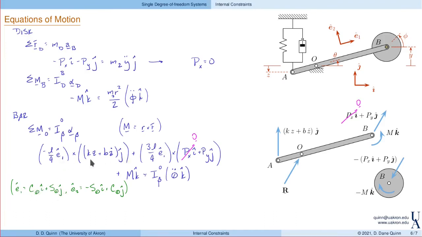The j term drops out because I have j cross j. Now, this is assumed to be small because we're linearizing for small displacements, so we're just going to take the dominant term in the I component. And so I cross j is equal to k, and this reduces to minus L over 4, k times z plus b times z dot. Again, I've made the assumption here that the angle is small, so cosine is approximately 1.